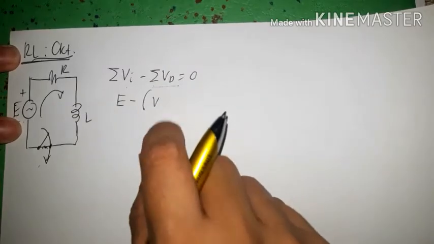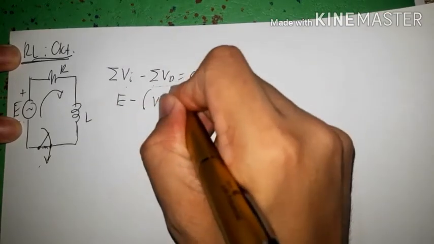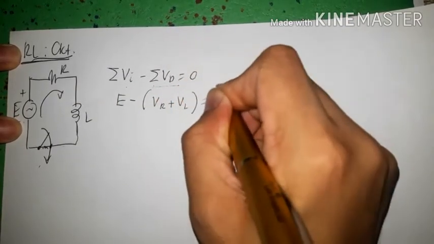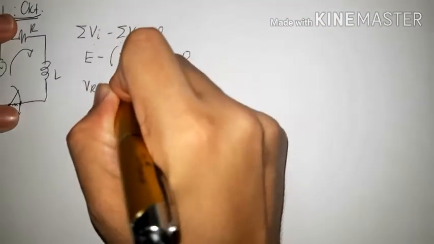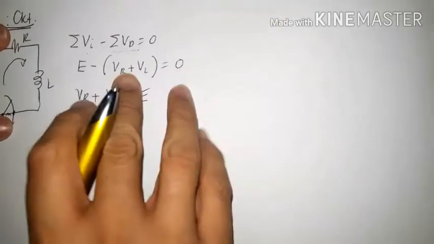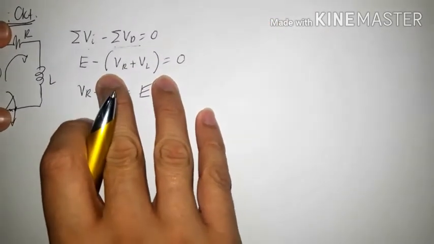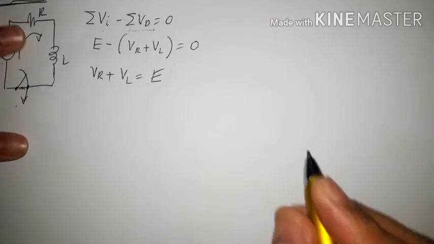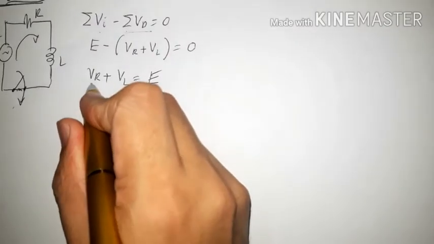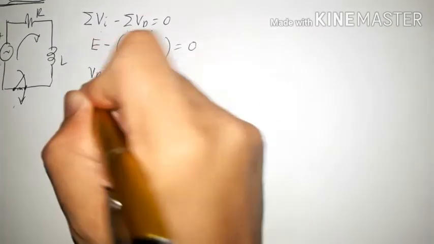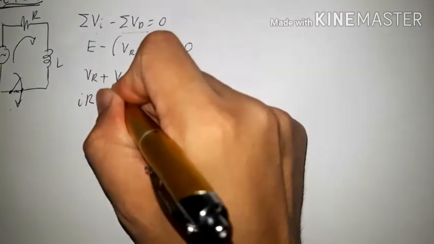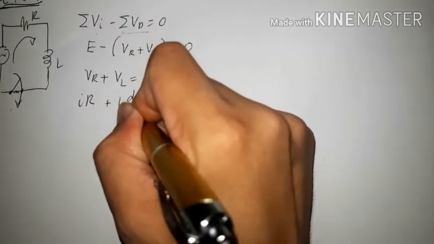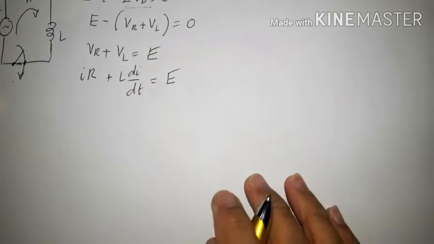So E minus voltage across the resistor minus voltage across the inductor is equal to 0. That gives you VR plus VL is equal to E, by transposing the negative quantities to the right side of the equation. But VR, voltage across the resistor, is given by I times R, and VL is L multiplied by the derivative of I with respect to T, is equal to E.